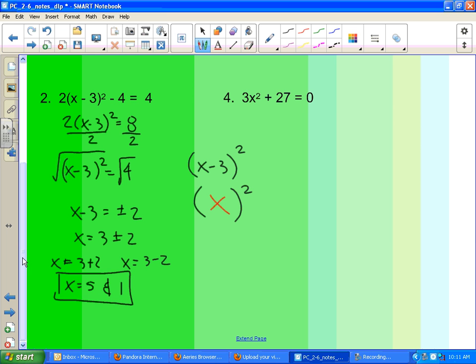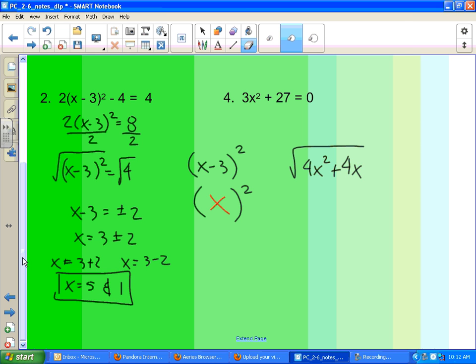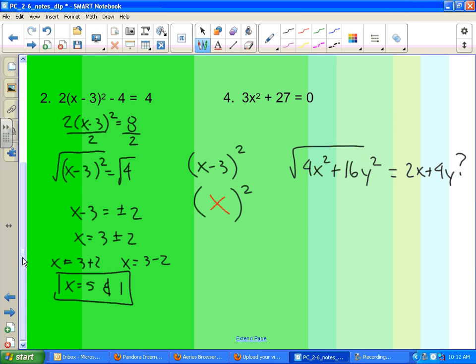I think what you might be thinking of, tell me if this is what you're thinking of, is a problem like this. Are you thinking of a problem like that? Yeah. And then saying, is the answer 2x plus 4y? In that case, you are absolutely right. I cannot, because 4x squared plus 16y squared is married. They are not factors.